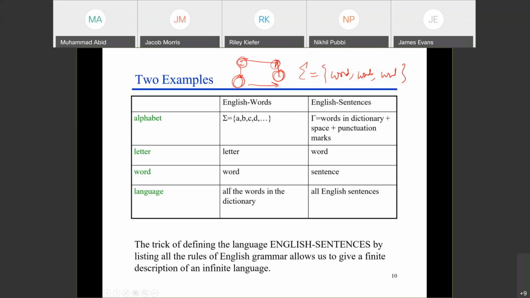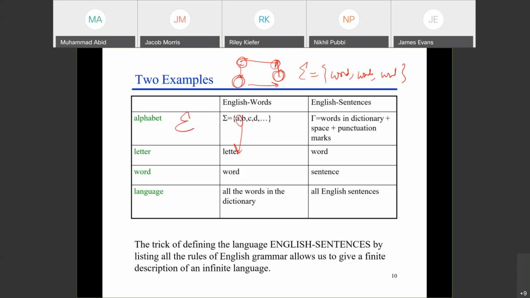So this is one example, two examples I showed you about languages and how we use alphabet, letter, word, and language. The most important thing you need to understand is that whenever I refer to alphabet, I am talking about summation. Whenever I talk about a letter, I am talking about any single member of this set.